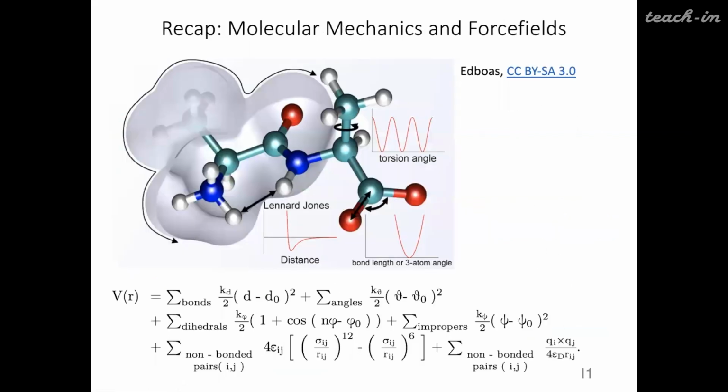And here I need to mention molecular mechanics and force fields. We have discussed this computational approach in several previous lectures.